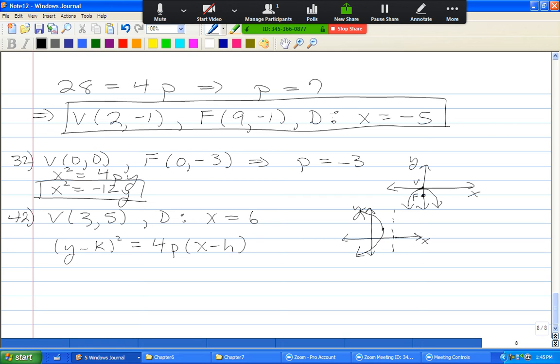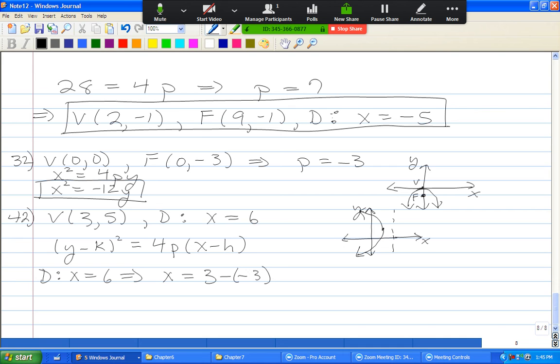And well, I have that x is equal to 6. That means the directrix is of the form x is equal to 3 minus negative 3.